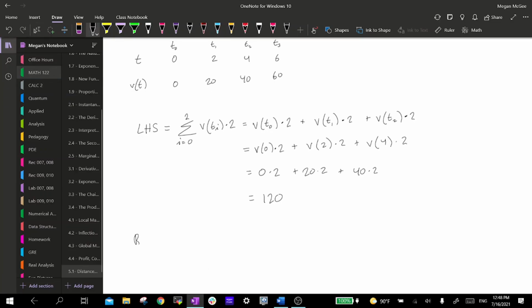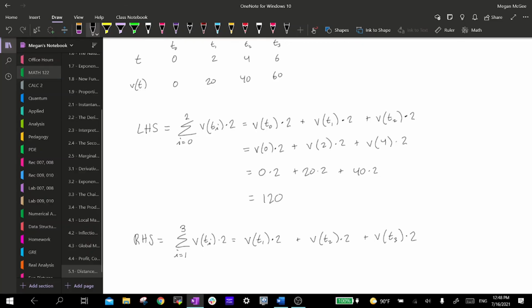Then, okay, but now instead of starting at t sub 0, and we end with v of t sub 3.